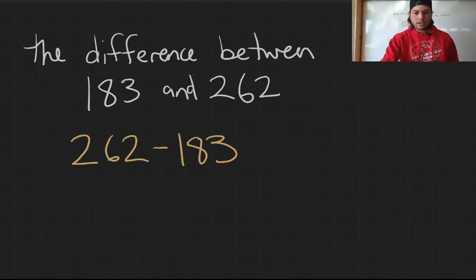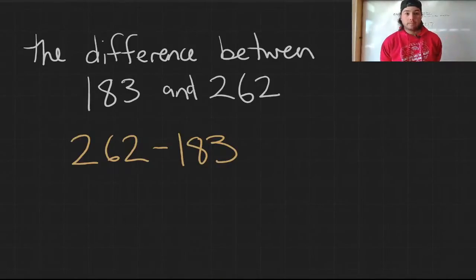Okay, so kind of an intro day today. We want to get ready to ramp up the rigor when we start with order of operations, having maybe multiple operations in one expression, right?